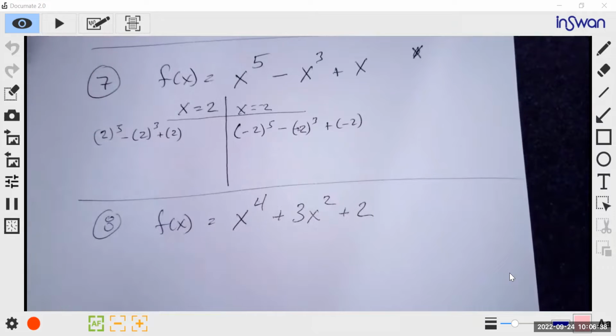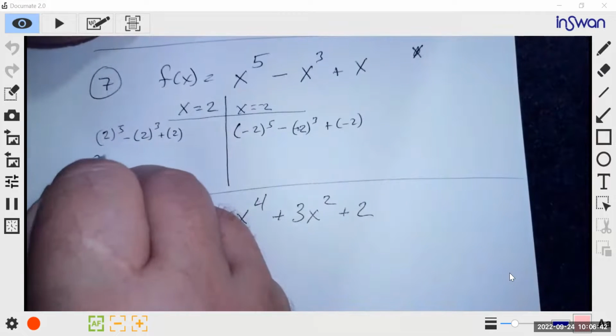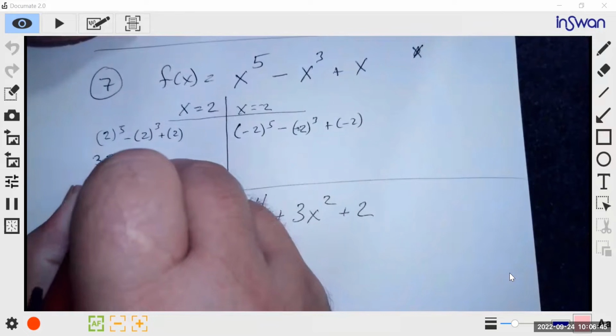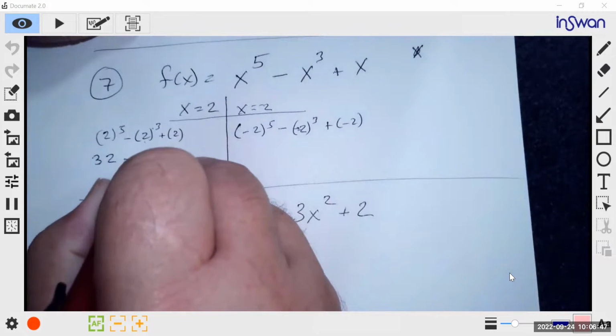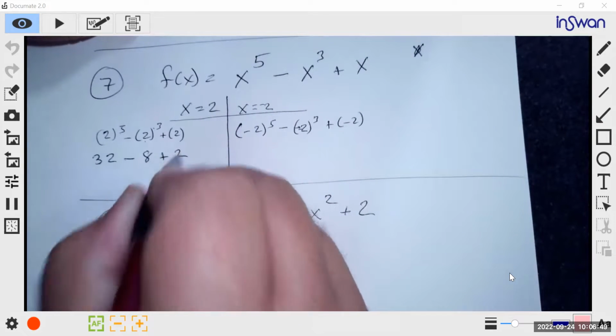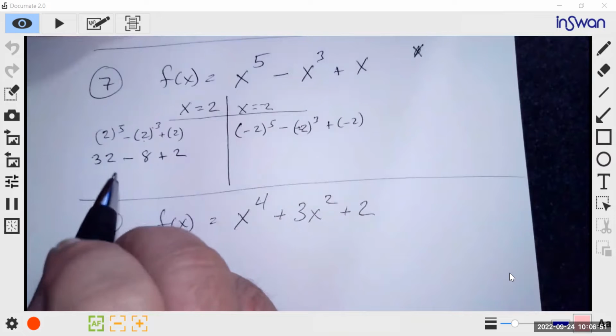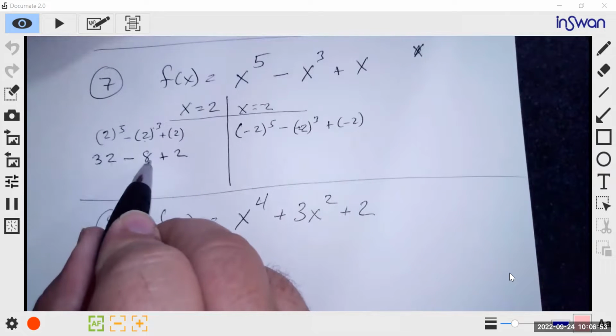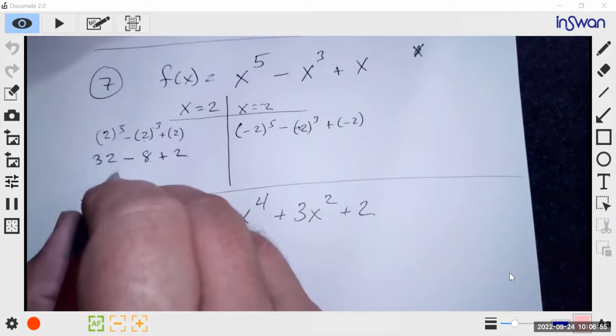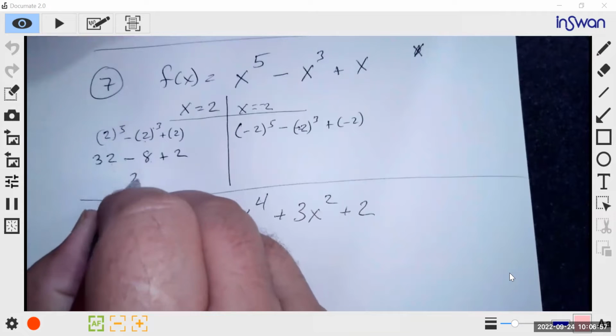Two to the 5th, 2, 4, 8, 16, is 32. 2 to the 3rd is 8, plus 2. 32 minus 8 is 24, plus 2, it's 26.